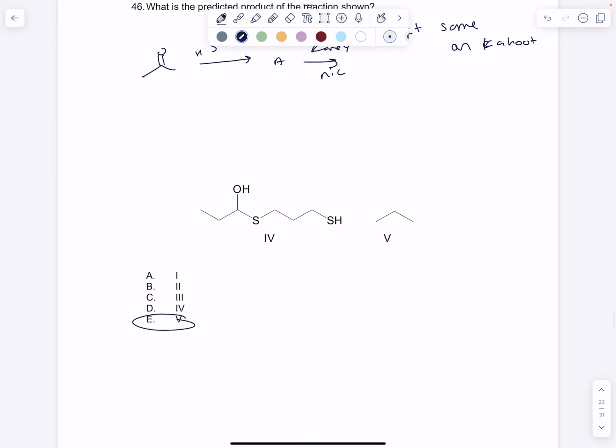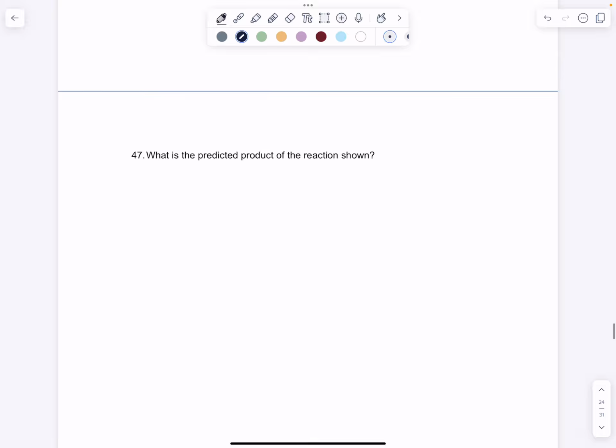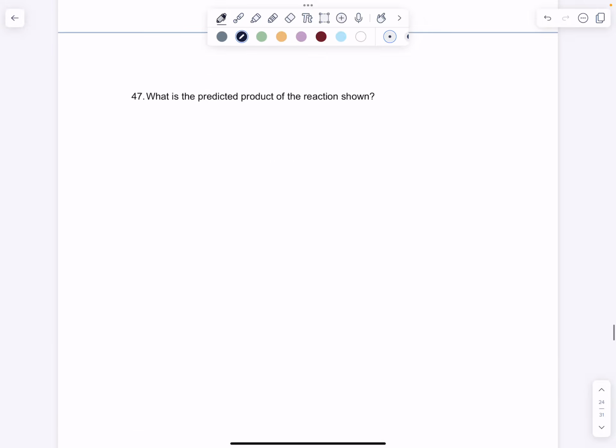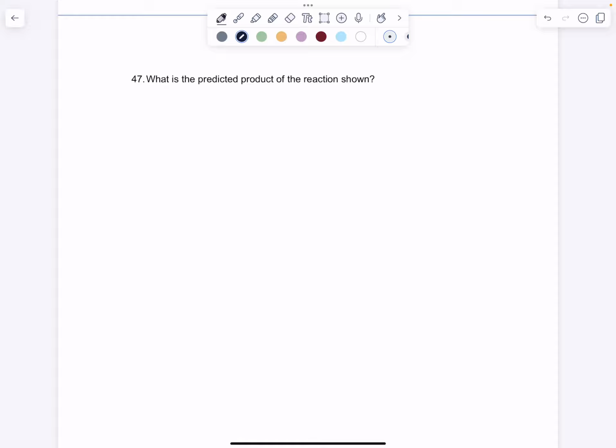Okay, I don't know why it didn't show up. What is the predicted product? Why aren't these showing up? Oh, that's so annoying. The predicted product of the reaction shown is... Oh, okay. No, it's not benzene.